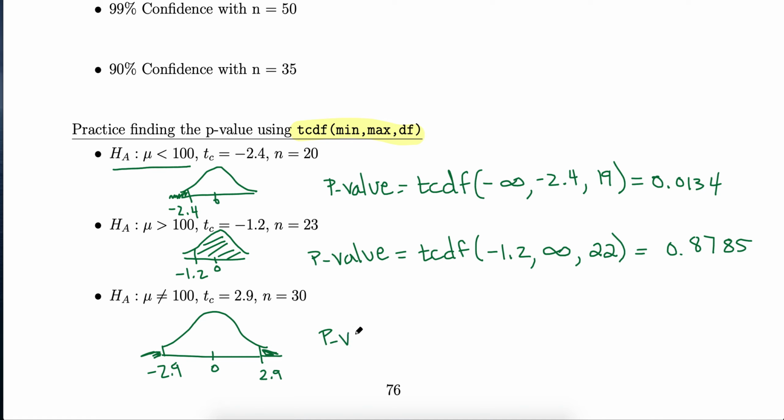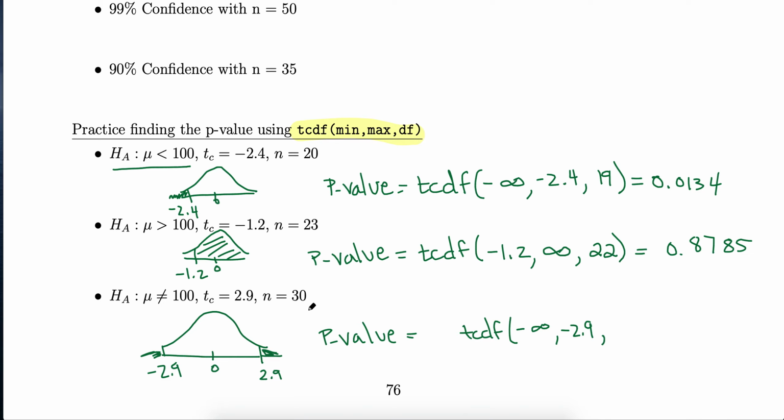So I'll say p-value is equal to TCDF, and maybe I find the lower end, so negative infinity up to negative 2.9. You're also welcome to do 2.9 to positive infinity. You should get the same answer.